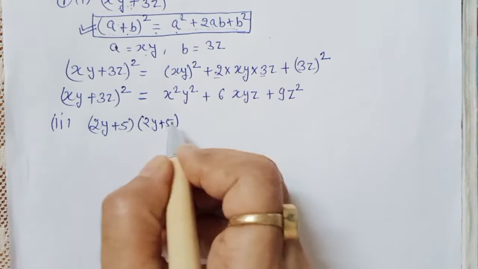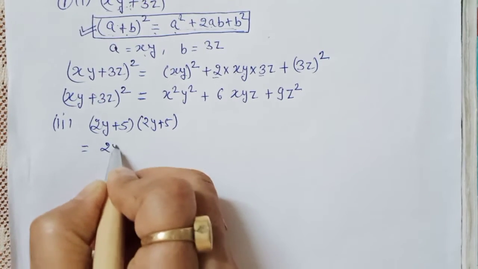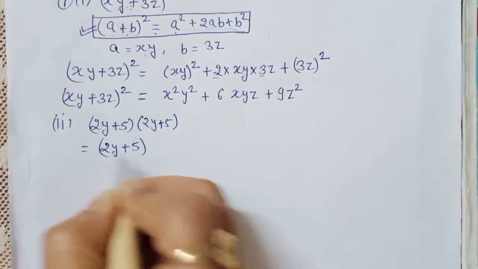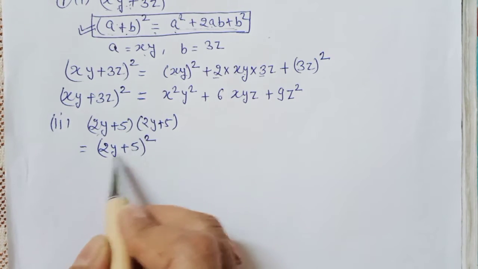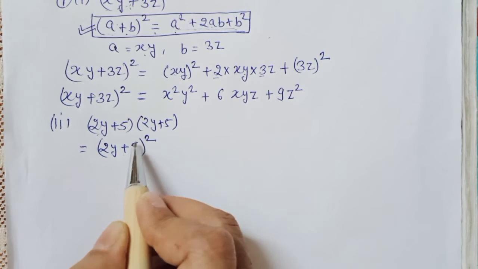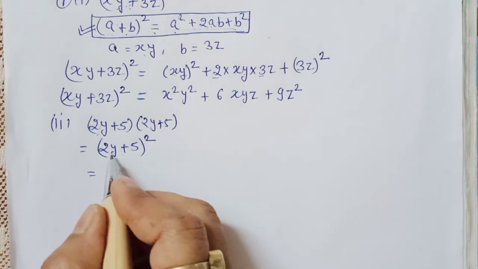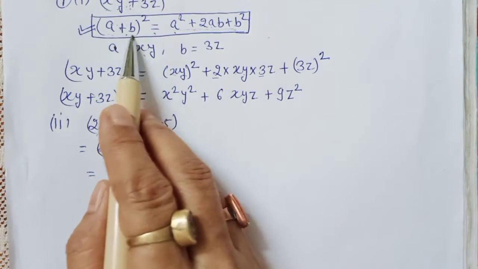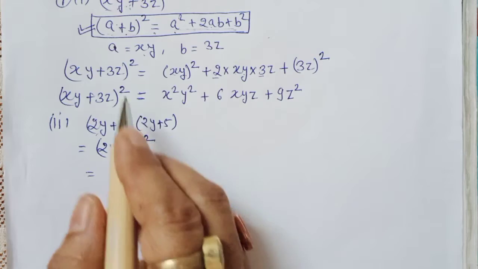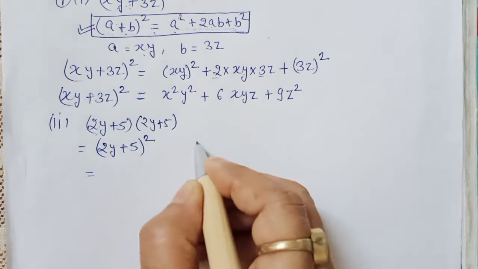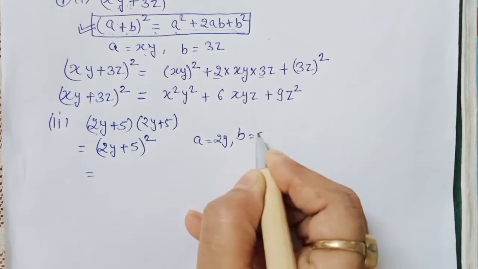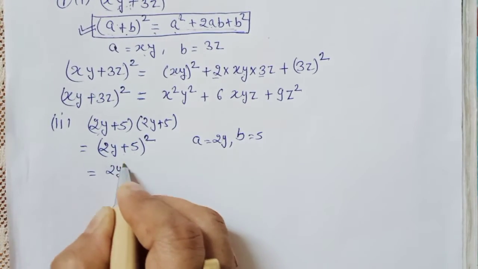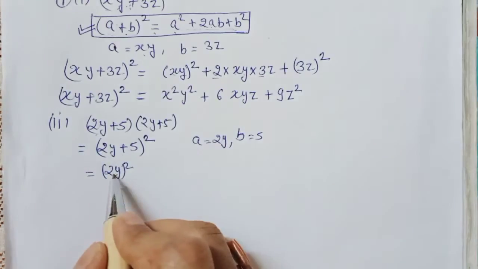We can write this as (2y + 5) square, because we have the same bracket two times. Now it is again in the form of (a + b) whole square, so we will apply this formula again. a is 2y and b is 5 here. So apply the formula. a square means (2y) square.